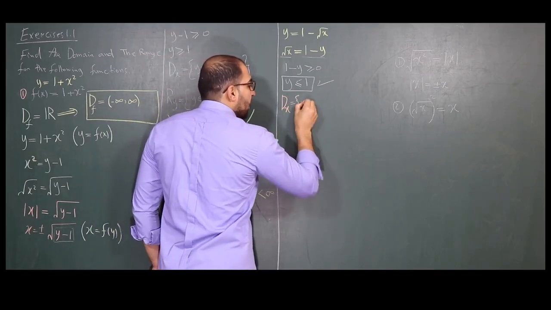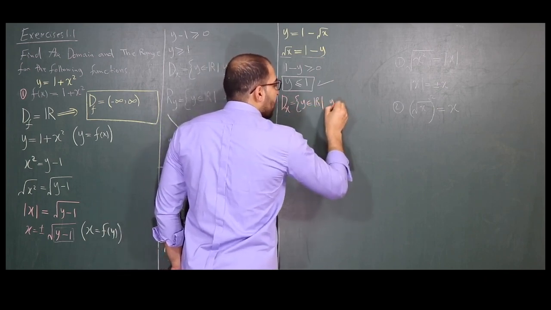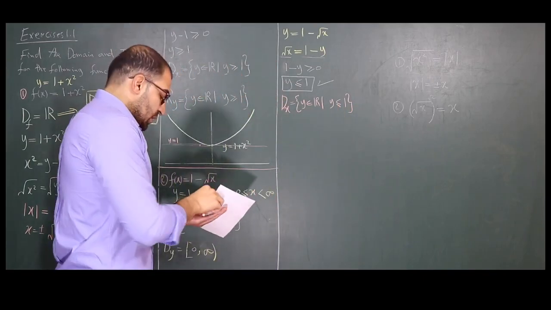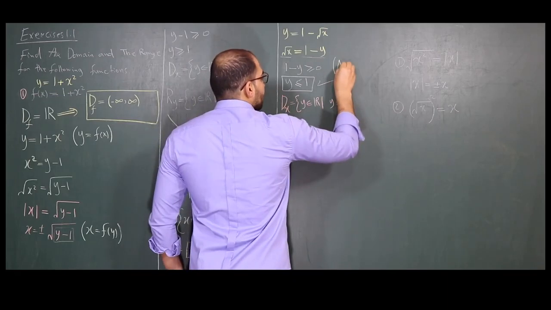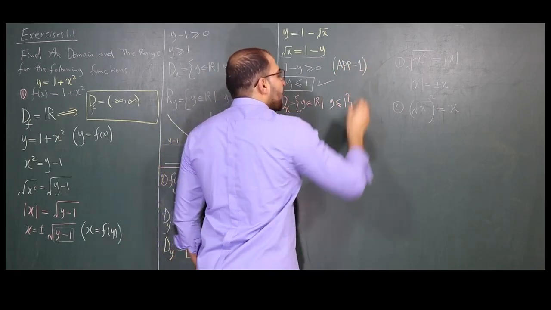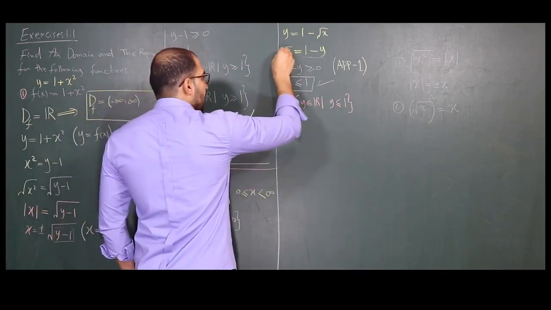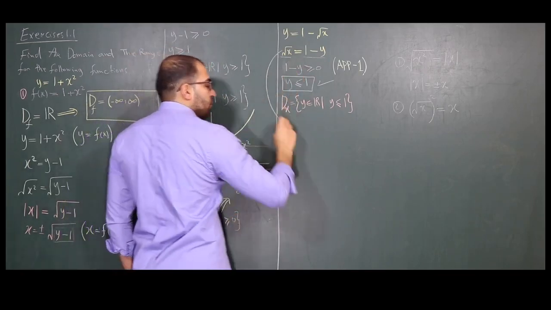So y belongs to the real line such that y is less than or equal to 1. This is approach 1, path 1. The other path, a student said, no, I'm going to find x, so I'm going to square.